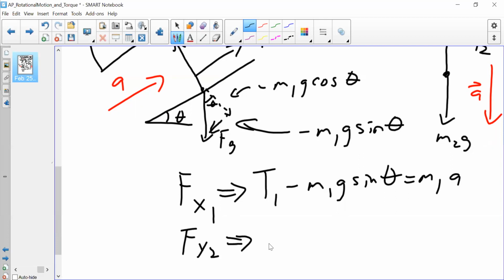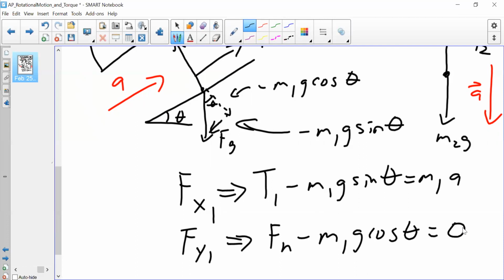For mass 1, there's 2 sets of forces. I'm going to go ahead and just put that up first. So Fx2 or Fy1 actually. So that's going to be Fn minus M1G cosine theta.